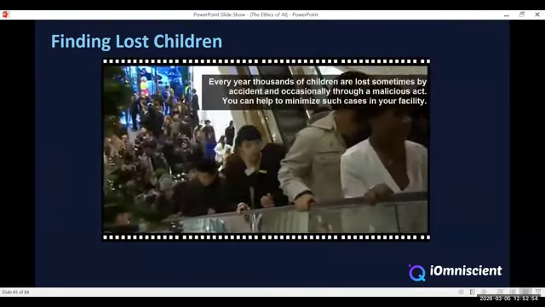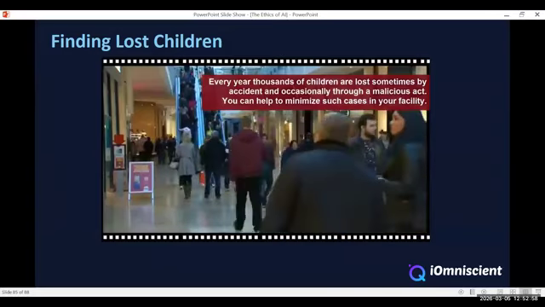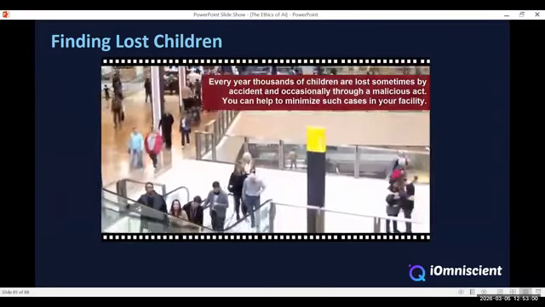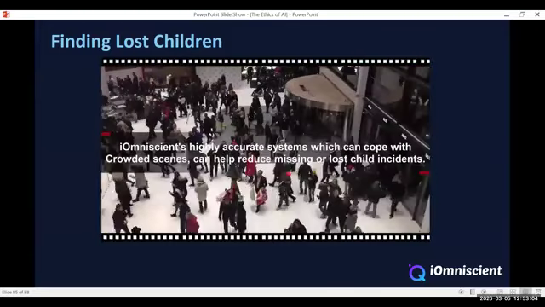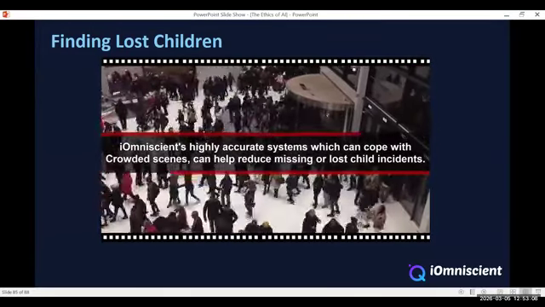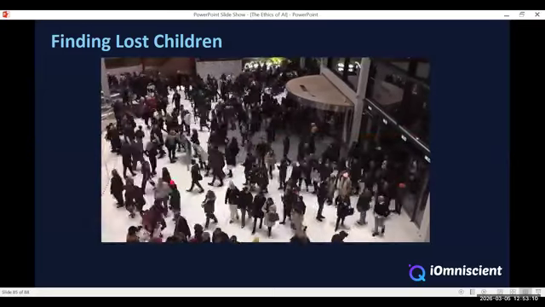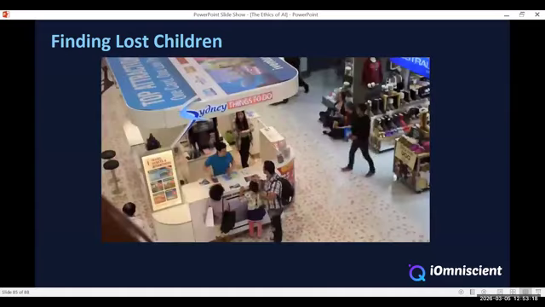Every year, thousands of children are lost, sometimes by accident and occasionally through a malicious act. You can help minimize such incidences in your facility. iOmniscient's highly accurate systems are designed to cope with the crowds and help reduce incidents of missing or lost children. The following scenario shows you how the technology can assist you in resolving and addressing missing children in real time.